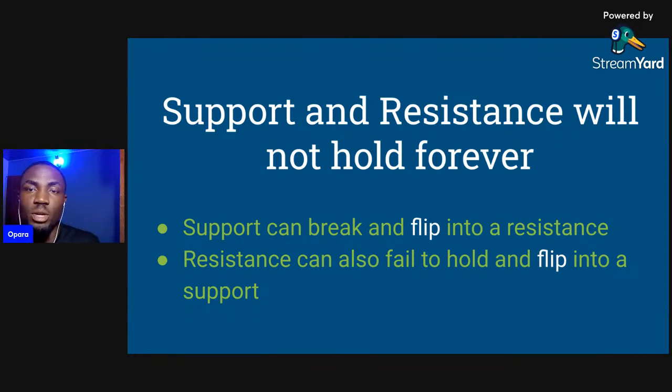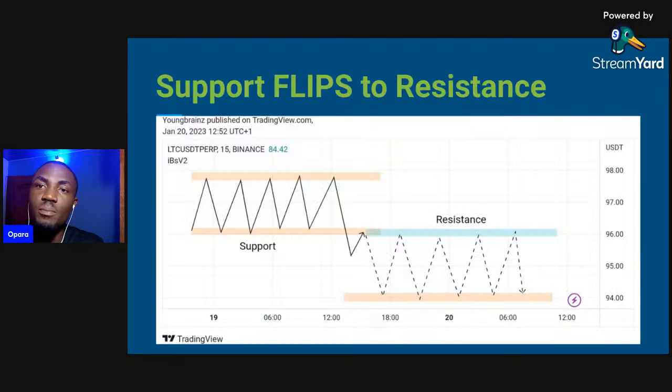Okay, let's progress. You can see it now. Support flips to resistance. Now look at our initial structure. We have the support, the resistance, and then as it got to a particular point, the support could not hold again. The selling pressure was too strong, so the support could not prevent price from declining further.